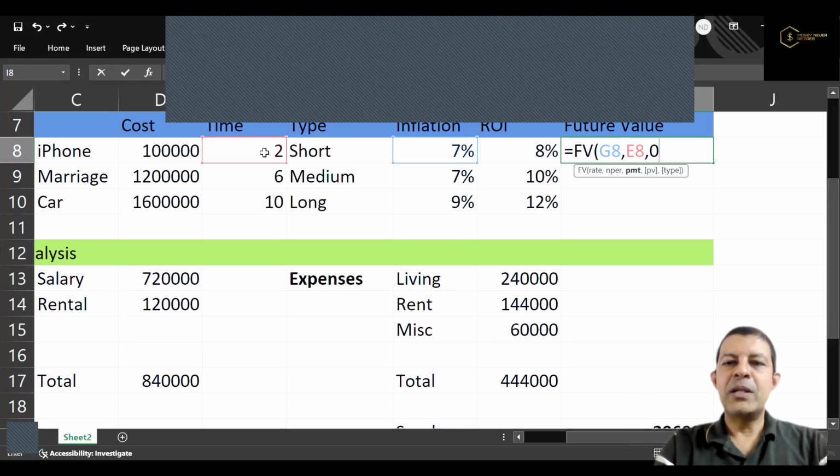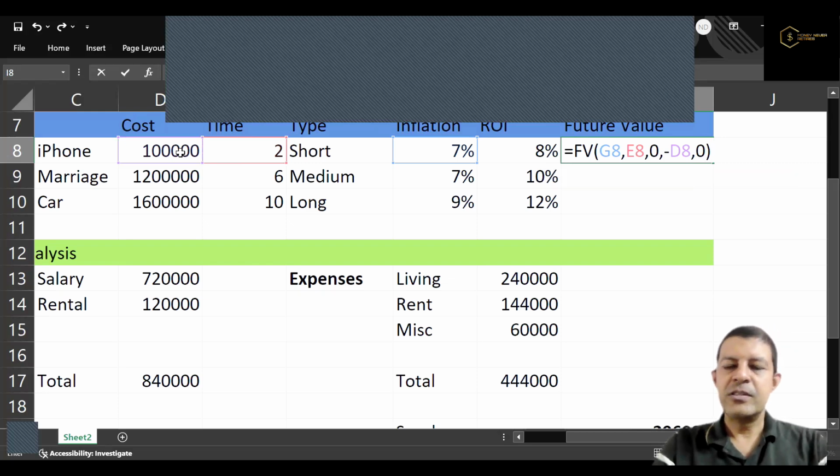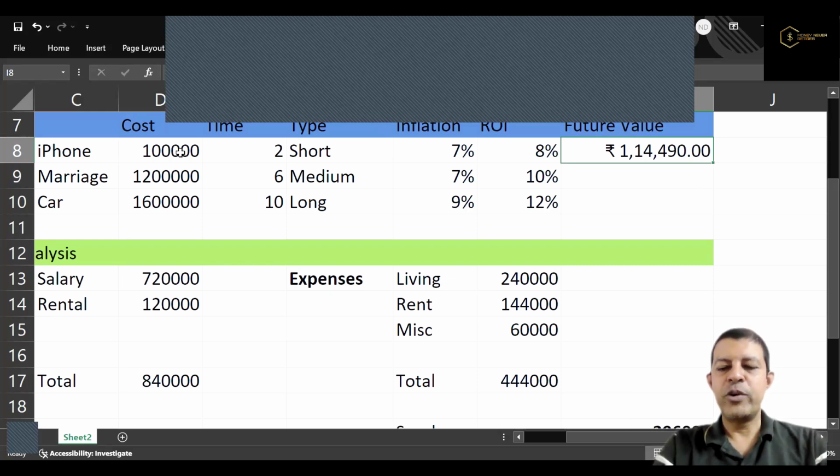And then there is no monthly cost considered. This is just a one-time cost, so we put in what the cost is, one time. And future value 0 is at the end of the year. So this is what the future value of that particular goal is going to look like, 1,14,000.